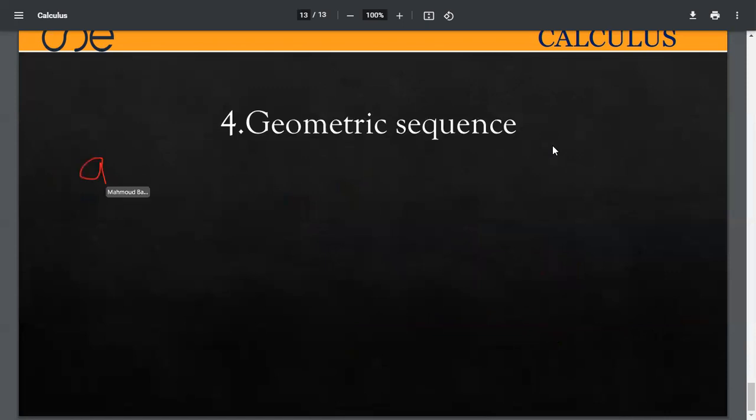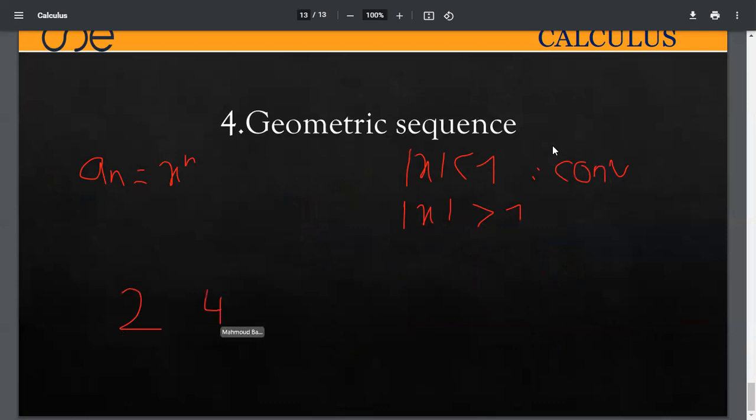So if I have a n equal to x power n and absolute value of x is less than 1, then the sequence will converge. What happens if it's greater than 1? Well, in this case, it will grow infinitely. So we have 2, 4, 8, 16, 32, 64.